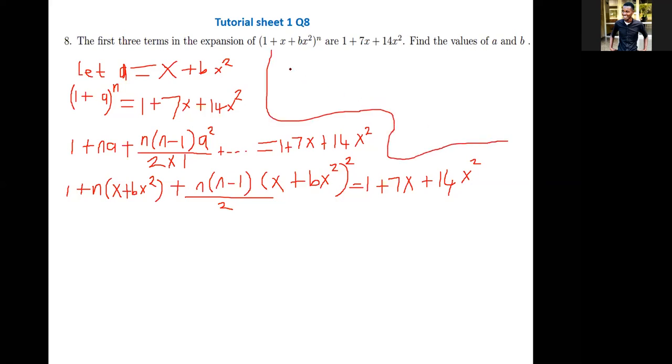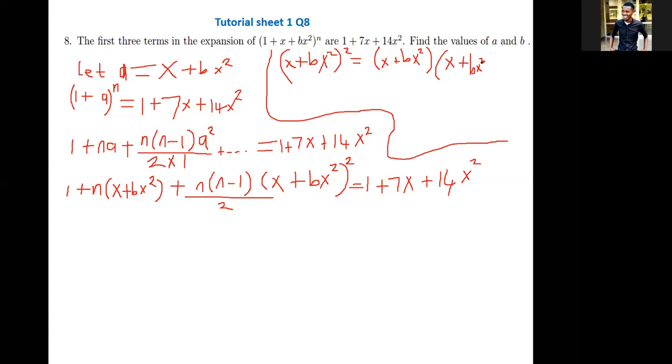So I'm having x plus bx squared. Expanding this is the same as open brackets x plus bx squared, the same function multiplying itself 2 times, so open brackets x plus bx squared, closed, squared.